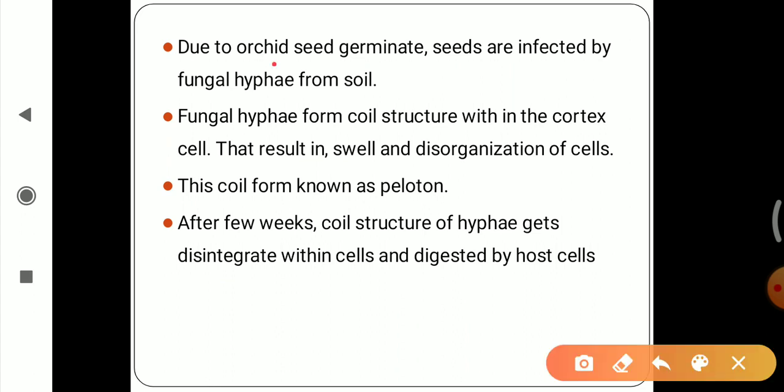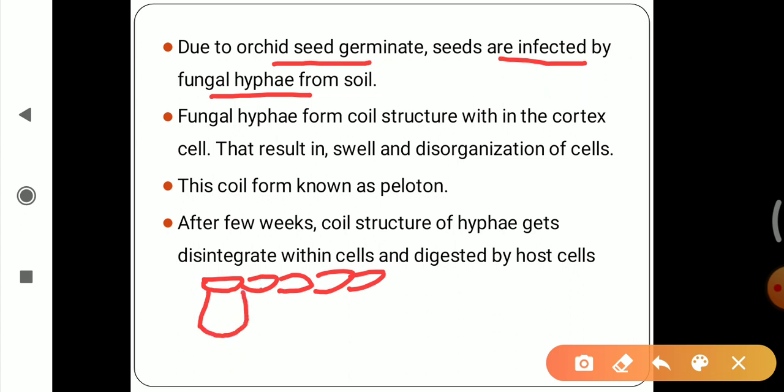When orchid seeds germinate, seeds are infected by fungal hyphae from the soil. The seed of orchid shows the symbiotic association with the fungal hyphae. For your simplicity, as we know, this is the epidermis, then there is the cortex.